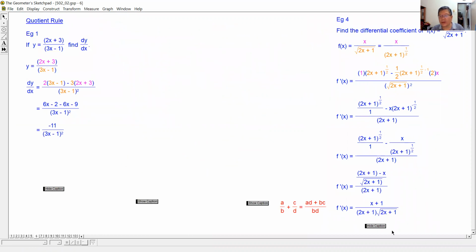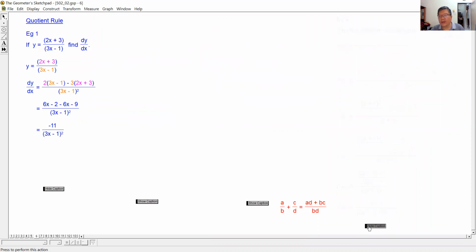What is quotient rule? Quotient means division. So we have one function divided by another function. I assume that you are looking at the screen and you can see it. If you cannot see my cursor, the black arrow, please tell me.